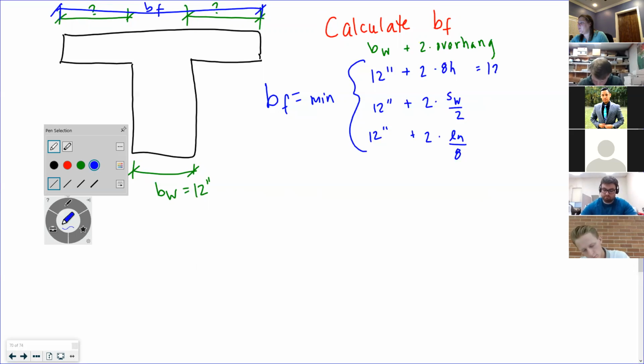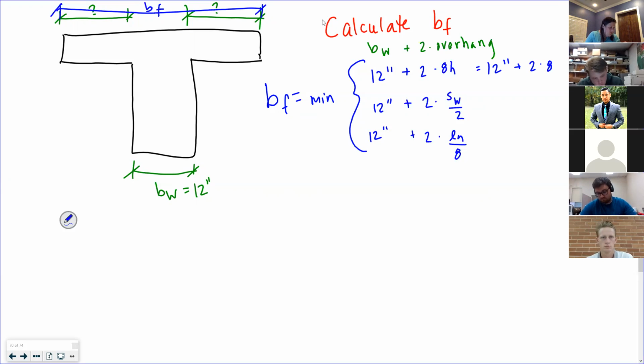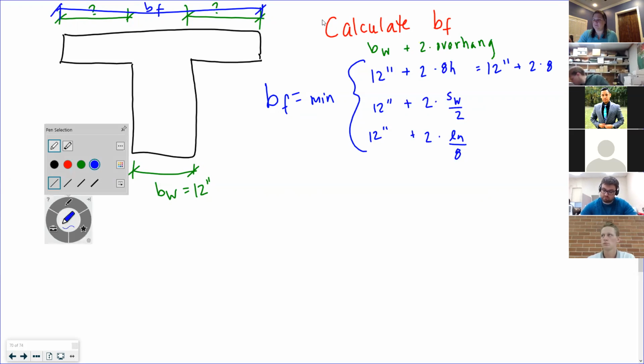So I got 12 inches plus 2 times 8h. h is the height, the slab thickness, which is 5 inches.